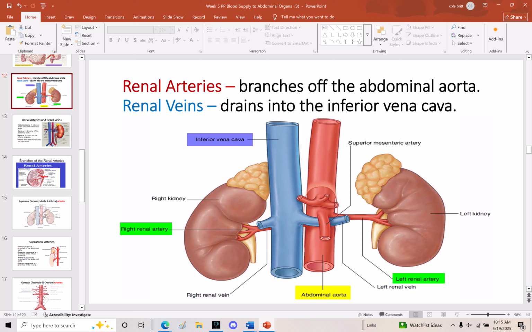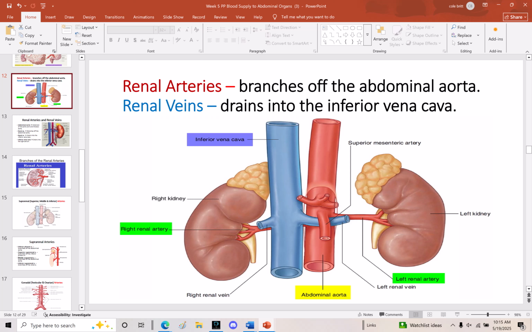Going into the liver, we have the hepatic portal vein, and that's made up of the splenic vein and the superior mesenteric vein. The inferior mesenteric vein drains into the splenic vein.